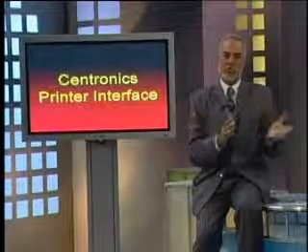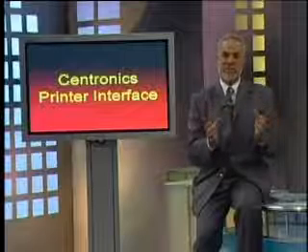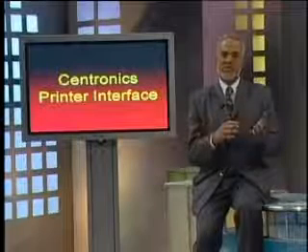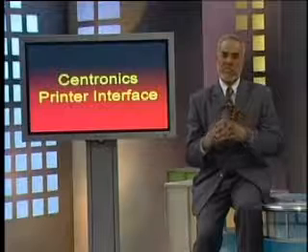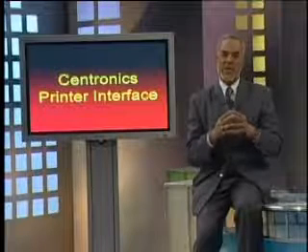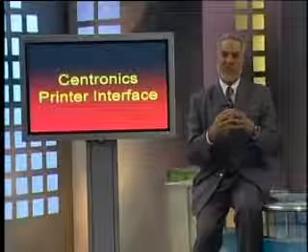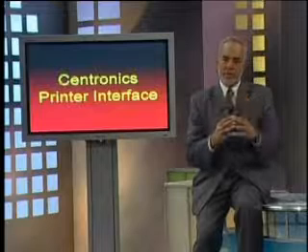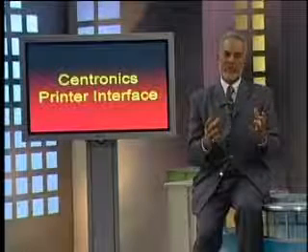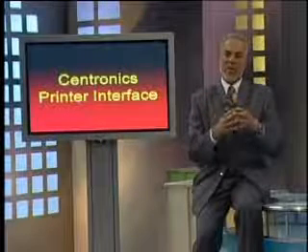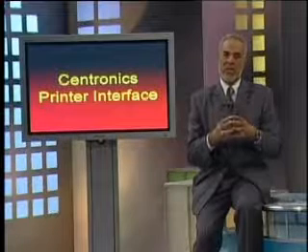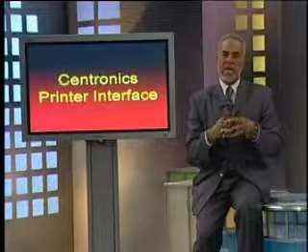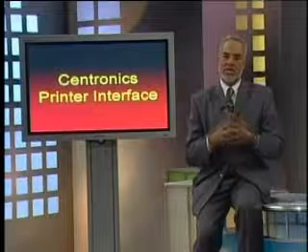So 56, 57 for one register, then 58, 59 for the other one, and the third register would use 60 and 61 as the addresses. So we will just call them 3 logical ports. We have a logical port indicating data, a logical port indicating control, and the third indicating the status.